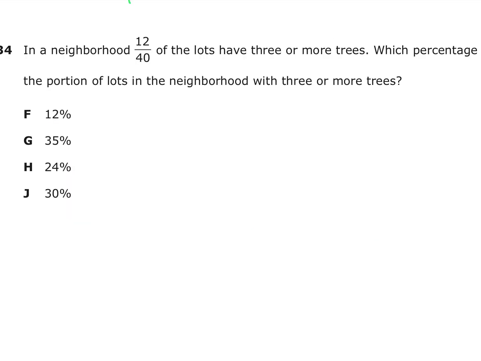Okay, so the next question says, in a neighborhood, 12 over 40, or 12 out of 40 of the lots have 3 or more trees. Which percentage is the portion of lots in the neighborhood with 3 or more trees? Okay, so we have 12 out of 40 is what as a percent?